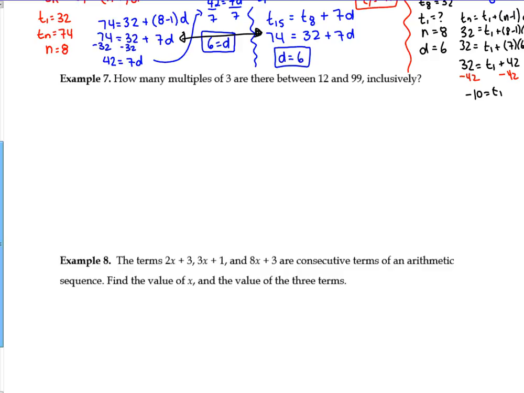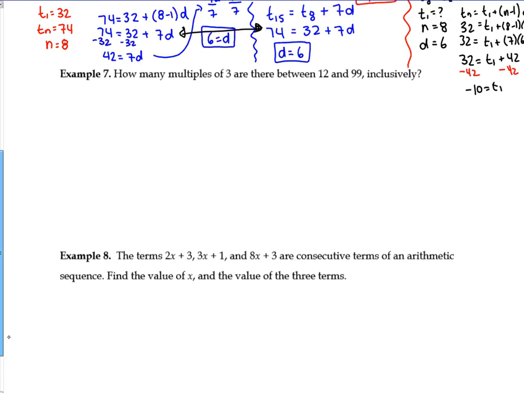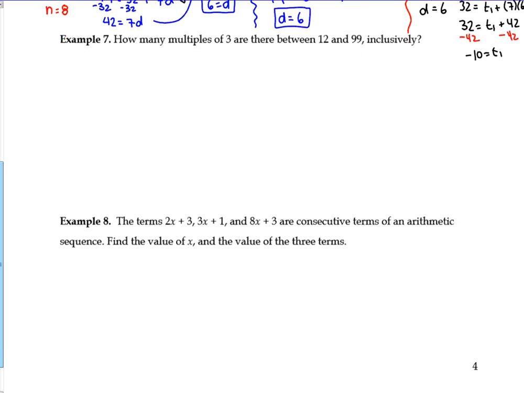How many multiples of 3 are there between 12 and 99 inclusively? First off, you need to know what inclusive means. What's another word with another root of inclusively?